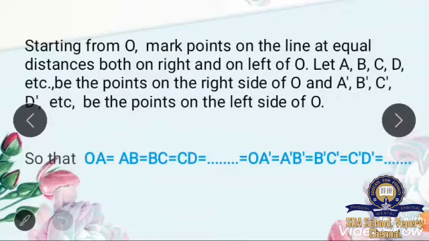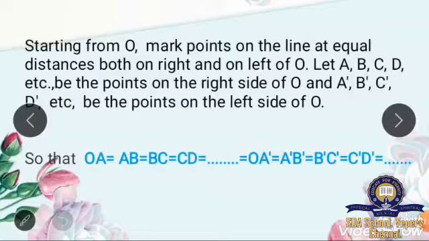So starting from O, mark the points on the line at equal distance, both on the right and on the left of O. So let A, B, C, D, etc.